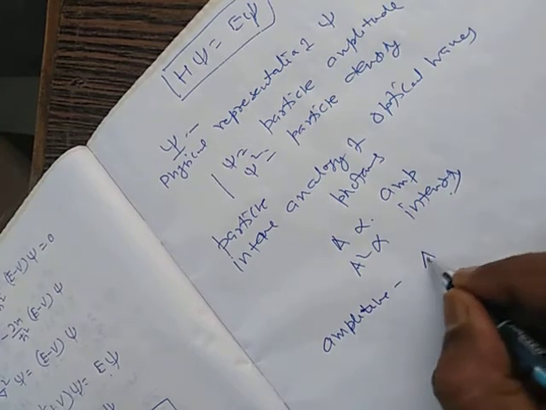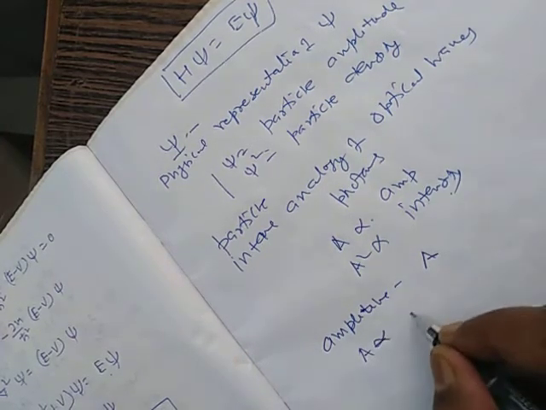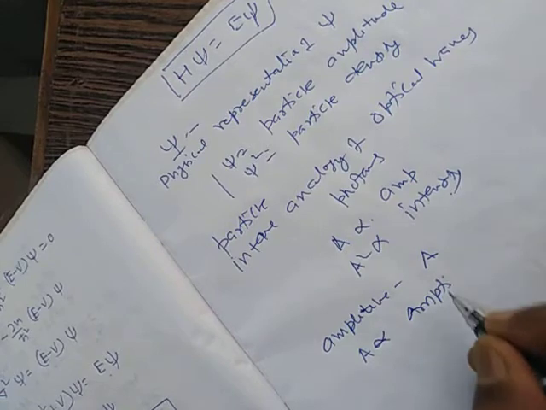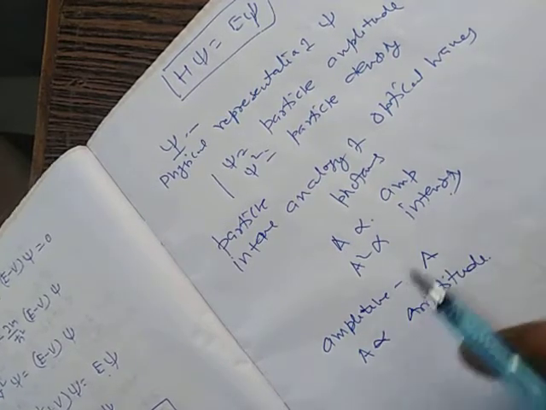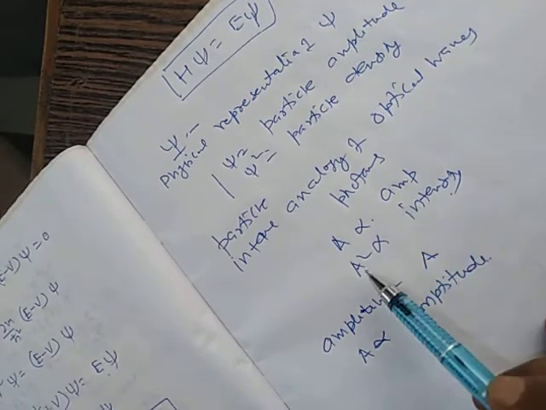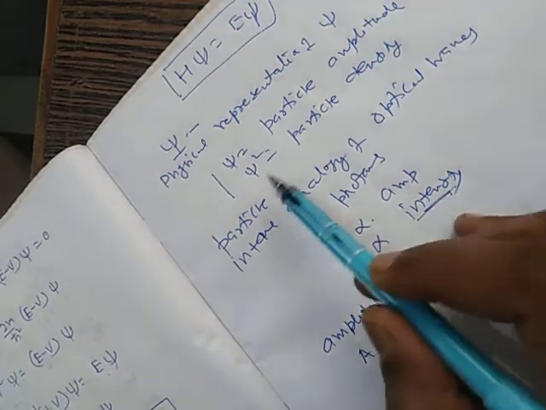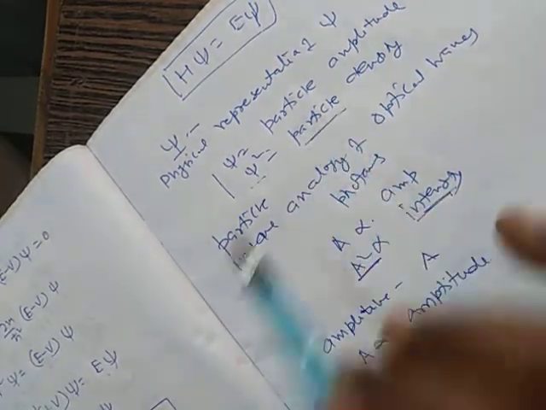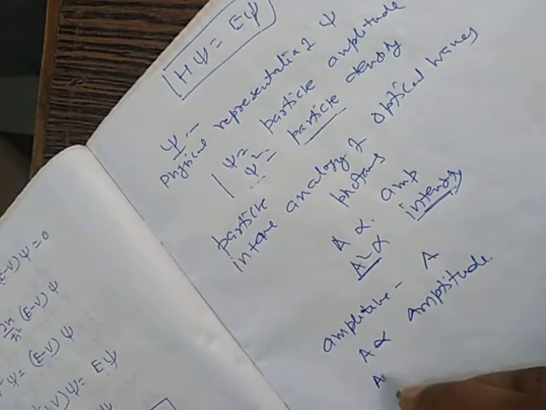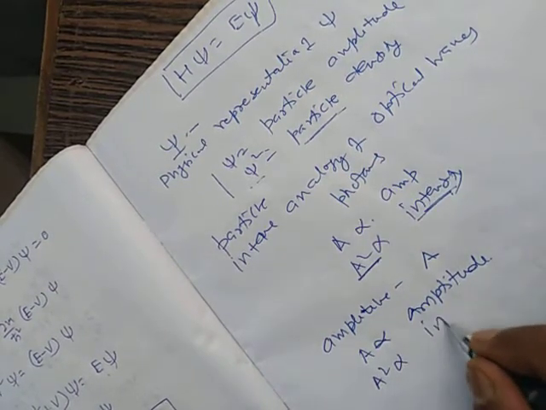Now suppose the amplitude is A, then A is proportional to amplitude. We are correlating how this A square is intensity and here psi square is particle density. So A square is proportional to the intensity.